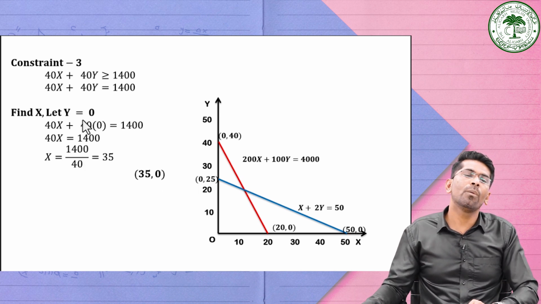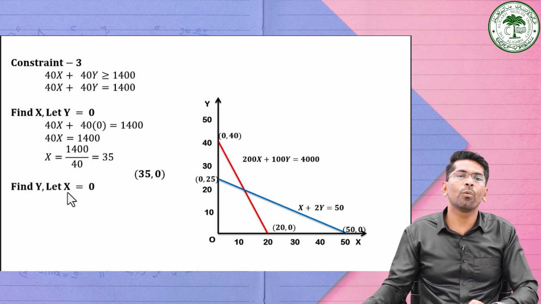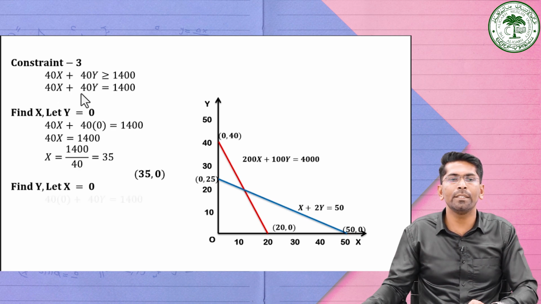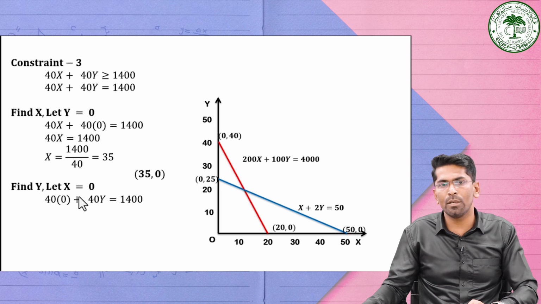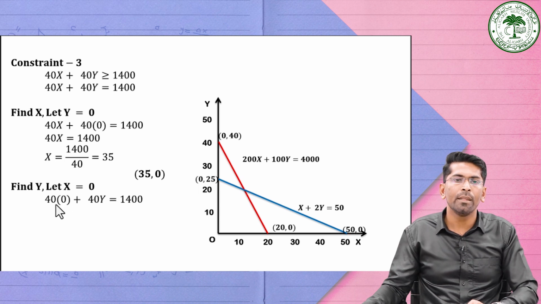Similarly, we are going to assume that x is equal to 0, and we are going to find out the value of y from the given third constraint, that is 40x plus 40y is equal to 1400. So here, substituting the value of x equal to 0 in this equation, then 40 into 0 plus 40 into y is equal to 1400.